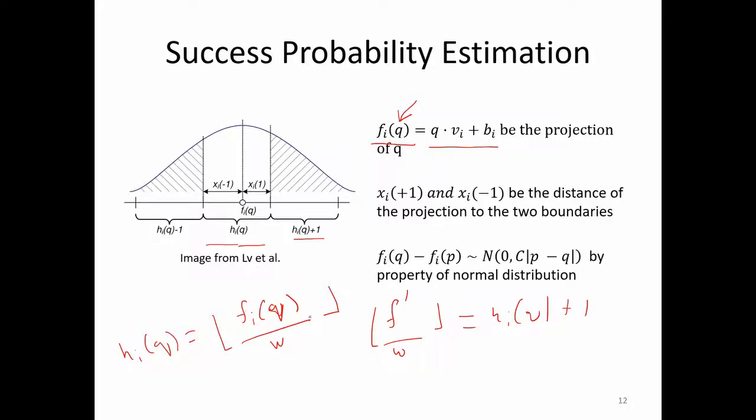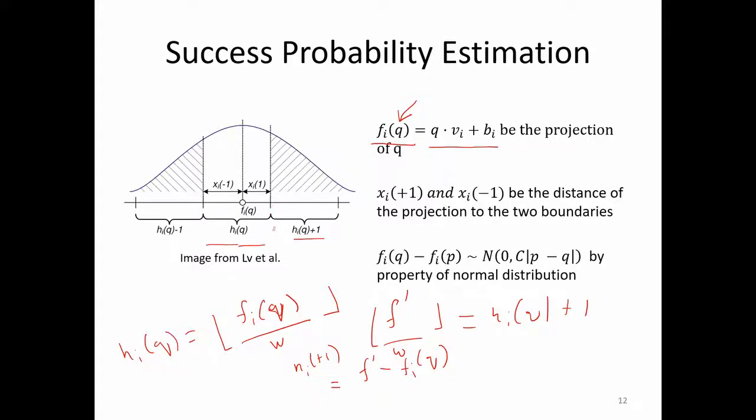And similarly, this will be your x_i plus 1, which will be your f dash. So this f dash will definitely be larger than f_i(q). So this will be like this: f dash minus f_i(q).